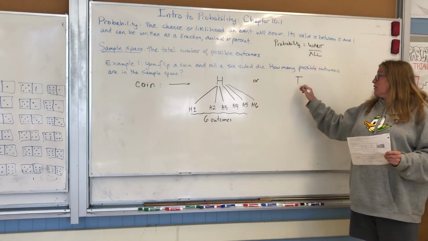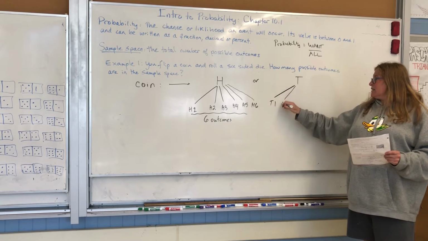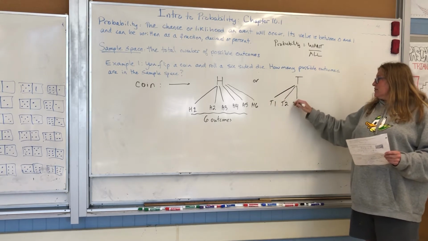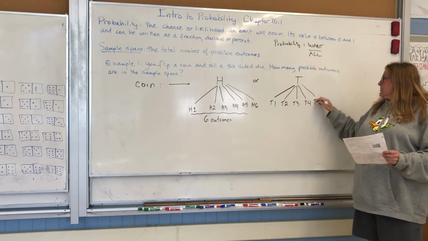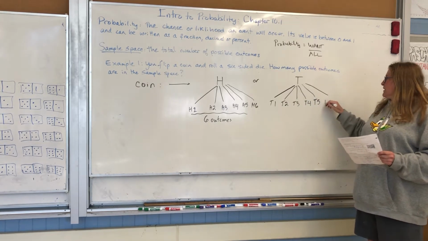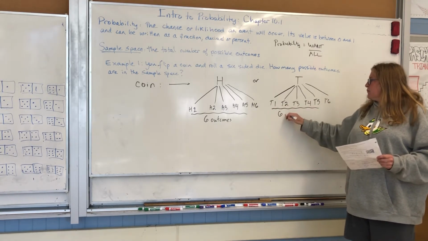However, we could also roll a tails and a 1, tails and a 2, tails and a 3, tails and a 4, tails and a 5, and tails and a 6. So there are also 6 possible outcomes for this.